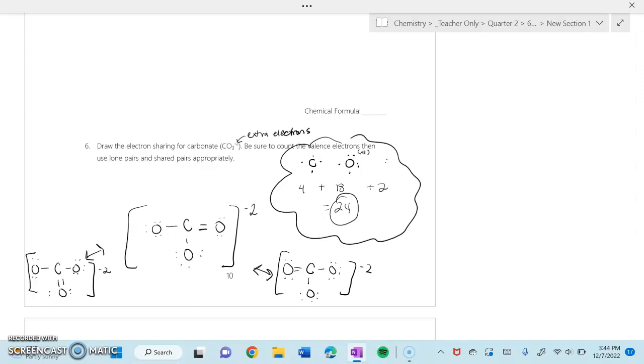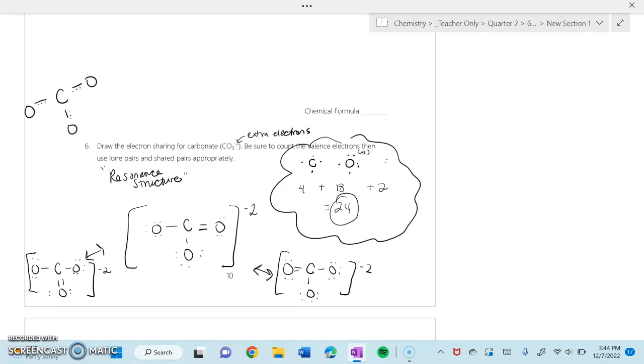If you ever hear someone ask you for resonance structures, that means show me all the possible ways that you could draw this for where the double bond could be. And because that double bond could be in any of these positions, sometimes you'll also see it drawn like all of them having a partial double bond, kind of like this.